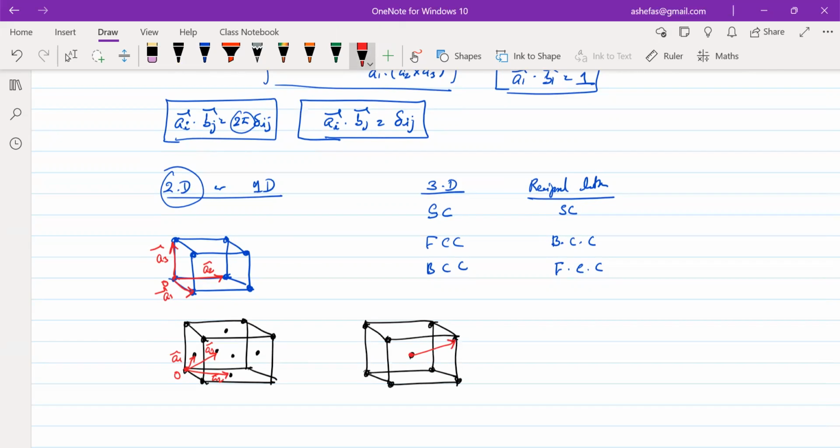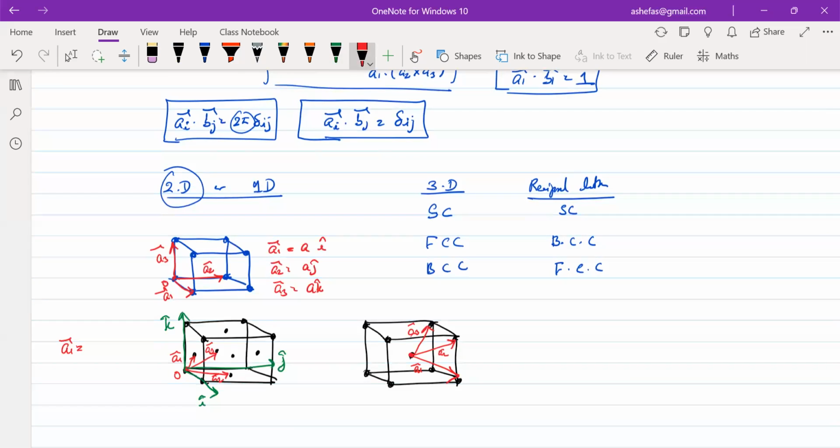We can draw three nearest neighbors; it's your choice. So A1, A2, A3 can be defined. Now in simple cubic, A1 can be A times i, A2 can be A times j, A3 can be A times k. In the case of face-centered cubic, we have to put the i, j, k directions first.